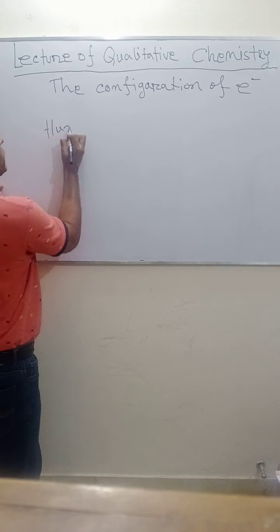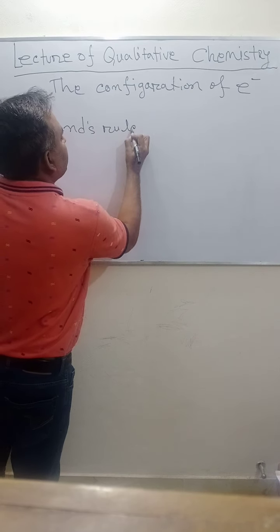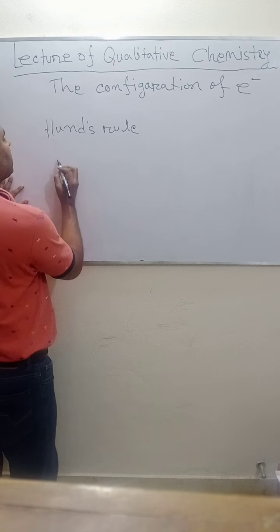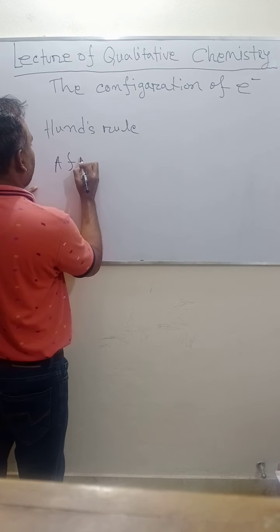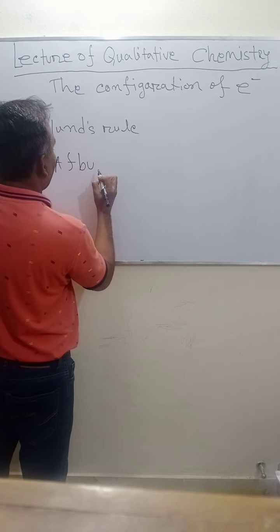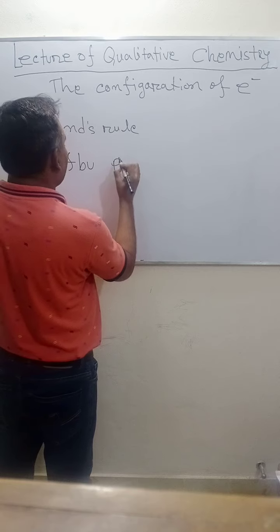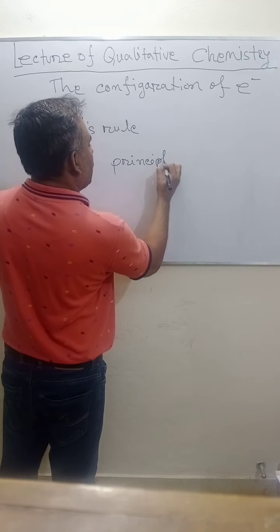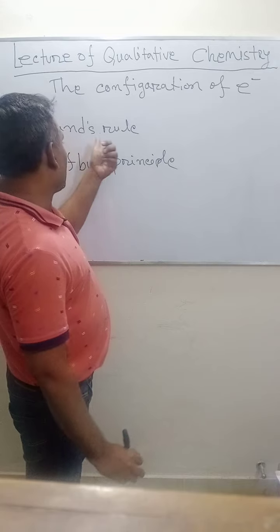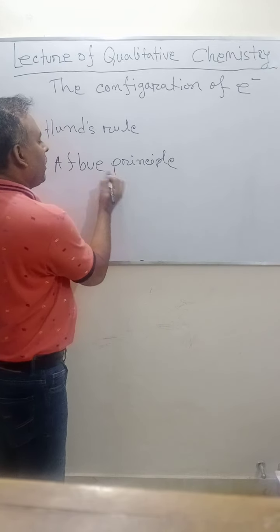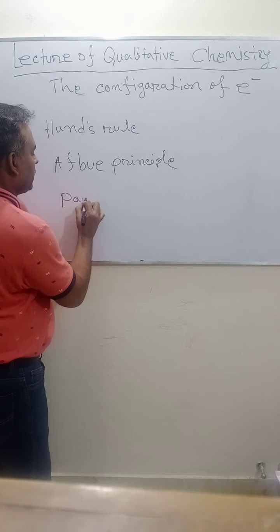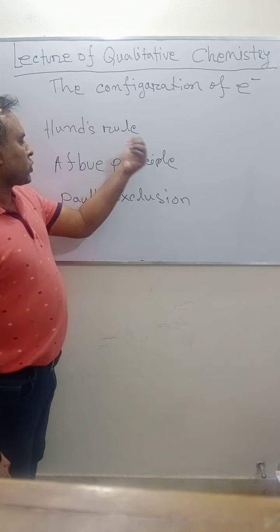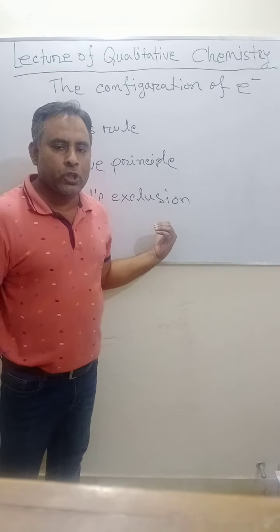There is Hund's rule, the Aufbau principle, and Pauli's exclusion principle.